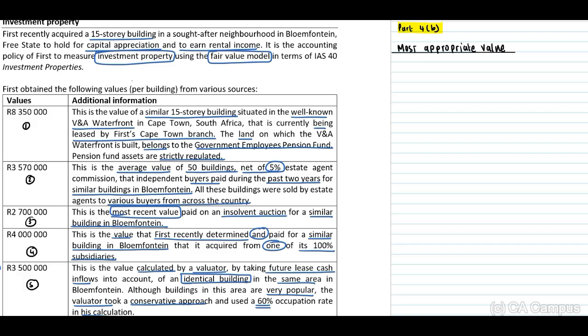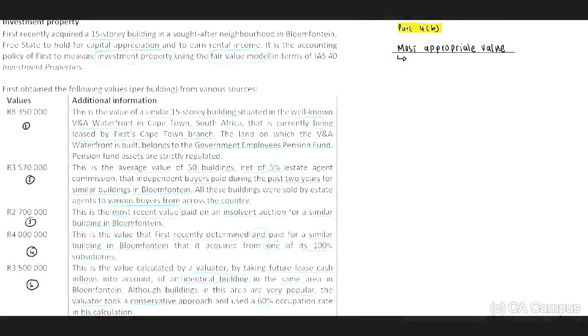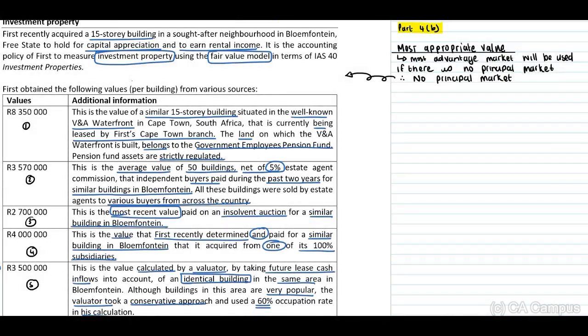Now, the most appropriate value will be the value in a principal market. If there's no principal market, we need to use the value of our most advantageous market. Therefore, we need to indicate this because we will have to. Right, I've included this, that the most advantageous market will be used if there is no principal market.